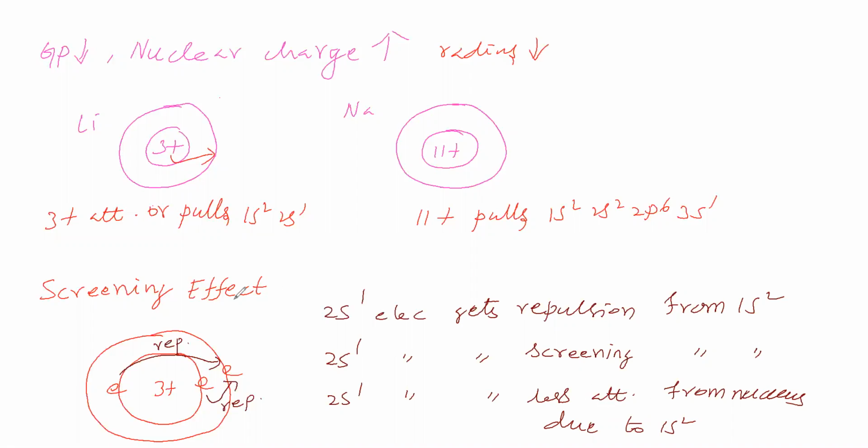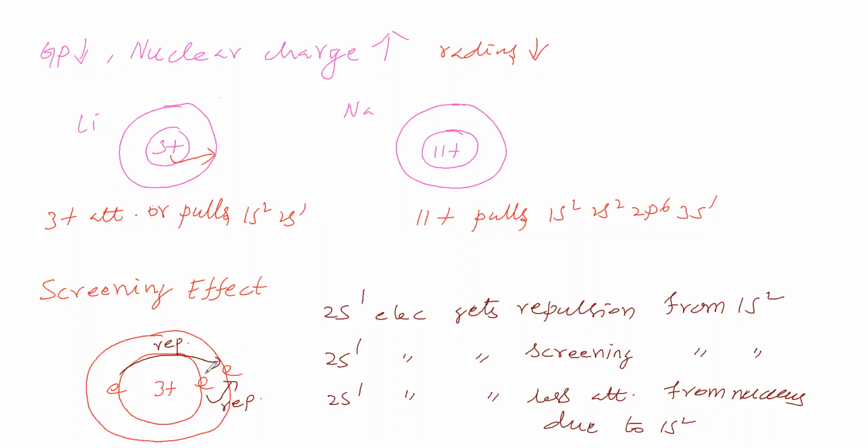Therefore, if the screening effect is high, then attraction with the nucleus is less. That is the meaning. So screening means repulsion. Repulsion only we are considering as screening. Due to this repulsion, this electron goes somewhat far away. It is moving far away.